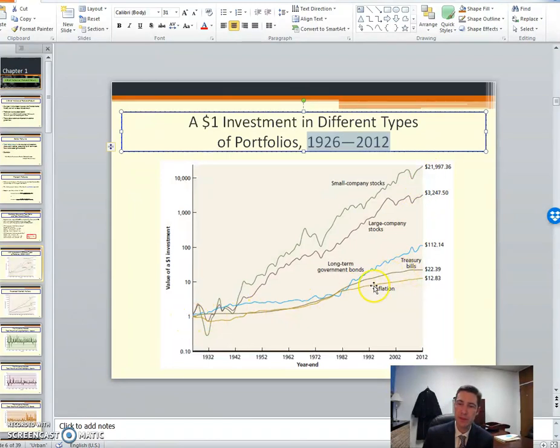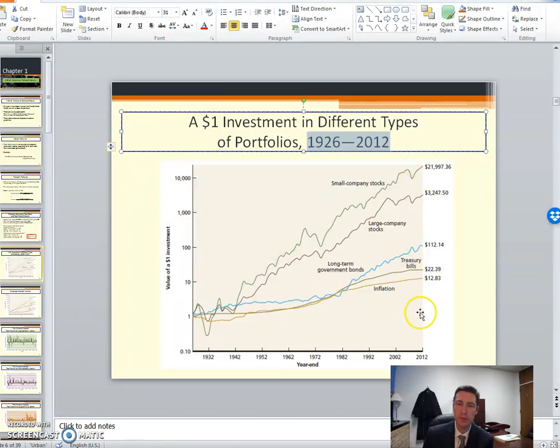And what if you invested that in treasury bills, which are very safe short-term government notes? It would have grown to $22. And then what's the value of $1 today in today's terms, as far as inflation is concerned? $1 back then was equivalent to $12.83 today.